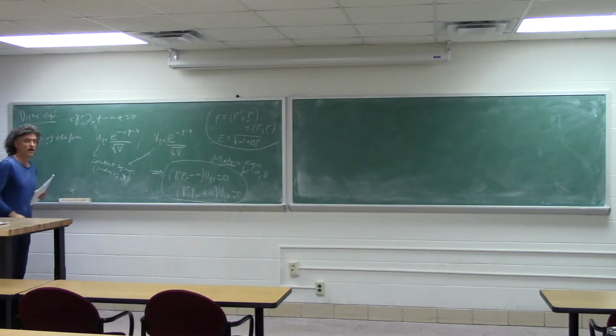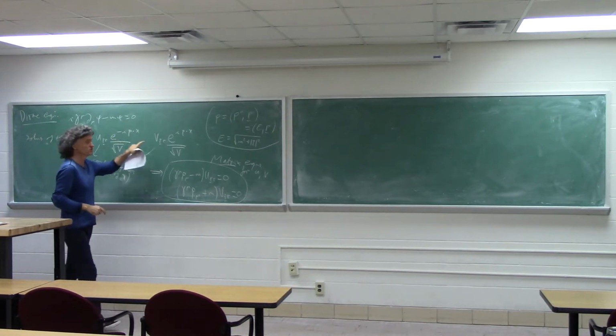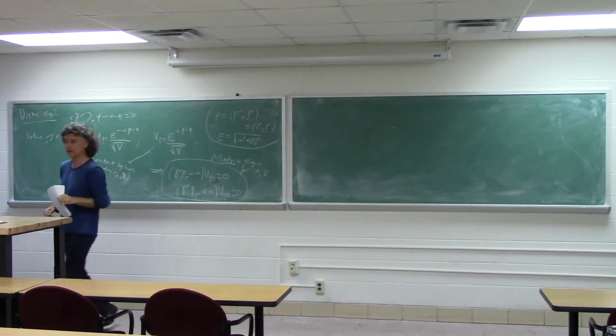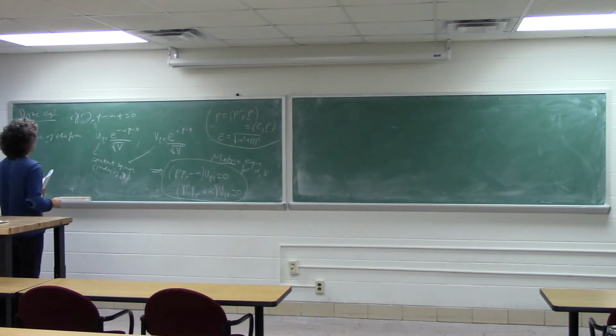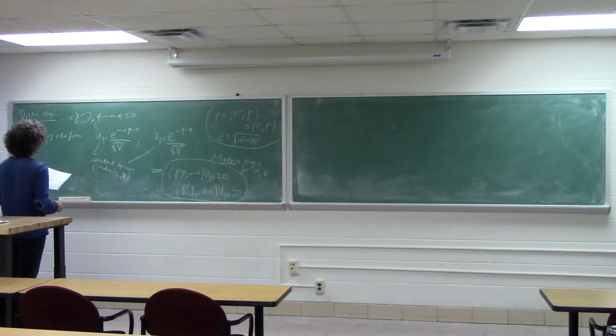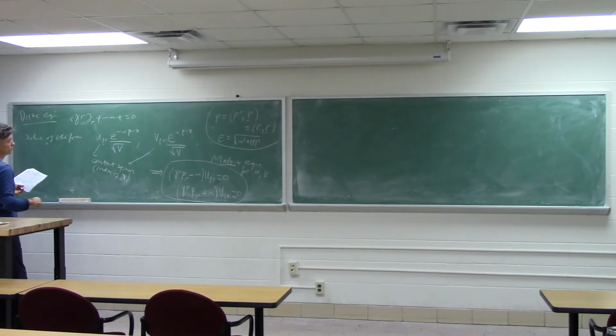So you can easily verify that in order for this plane wave to be a solution of the Dirac equation, the components of the momentum have to satisfy the usual relation between the energy and the magnitude of p. You should check that. You're going to need to use probably the fact that gamma 0 squared is 1.